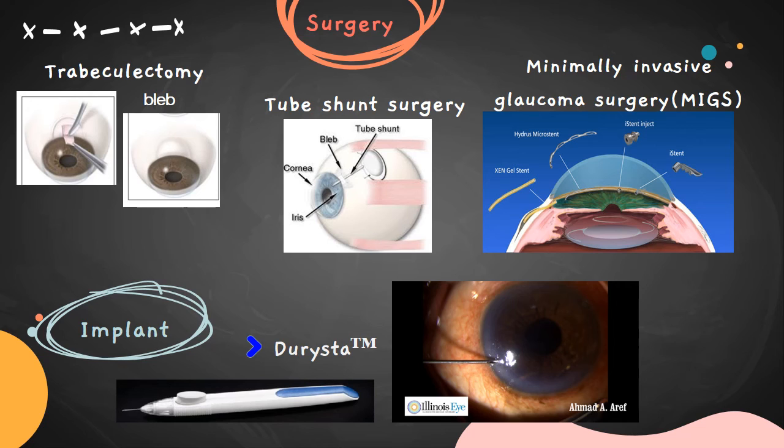The benefit of MIGS is that it can increase the safety compared with trabeculectomy and tube shunt surgery. There are many potential complications that can happen because those are major surgeries. By using MIGS, the complications can be reduced because MIGS procedures work by using microscopic-size equipment and tiny incisions. Examples of operations under MIGS are microtrabeculectomies, trabecular bypass surgeries, suprachoroidal procedures, and laser photocoagulation, which is for advanced glaucoma.